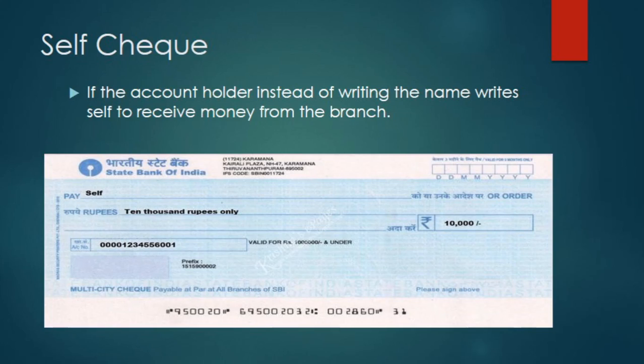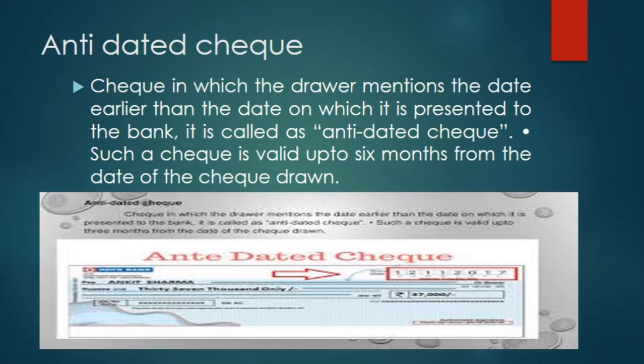Next is a self-check. If the account holder, instead of writing the name, writes "self" to receive money from the branch where he holds the account, such a check is called a self-check. The next is antedated check.